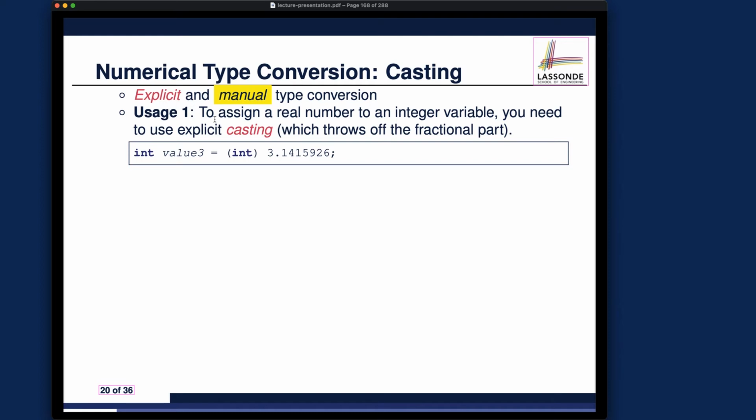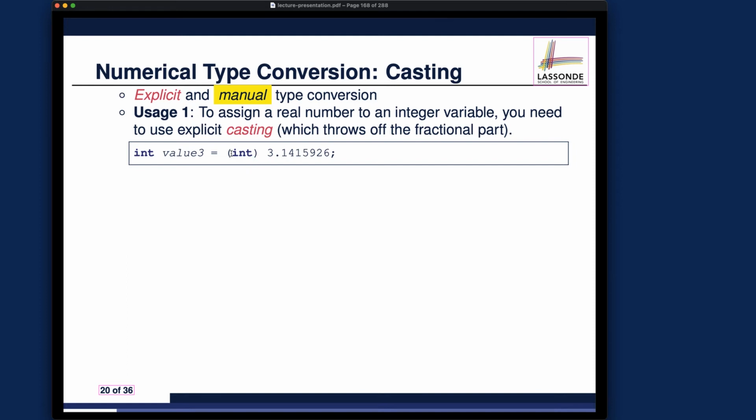So there are two scenarios where you may want to do casting. For the casting over here, you want to assign a real number to an integer variable. This is exactly the usage we talk about. You just want to remove the fractional part. In this case, I want to assign 3.1415926. I cannot store this value directly into this integer variable because it has a fractional part, so I can just truncate it using an explicit cast.